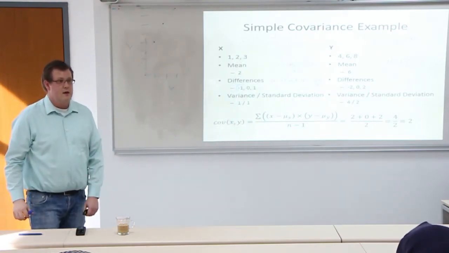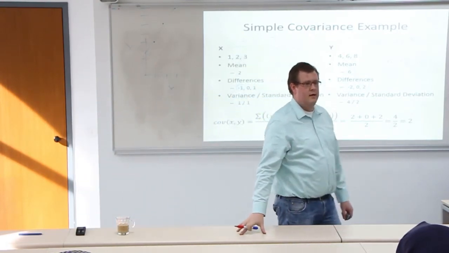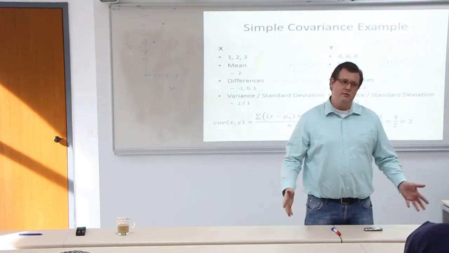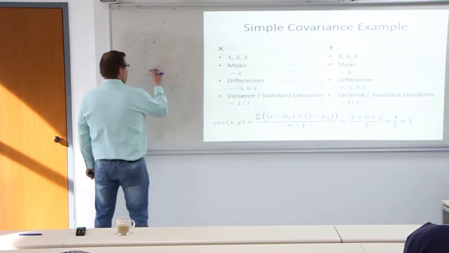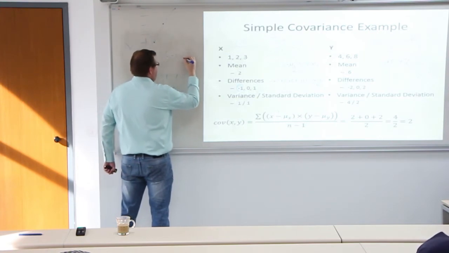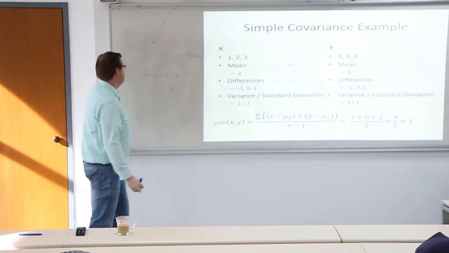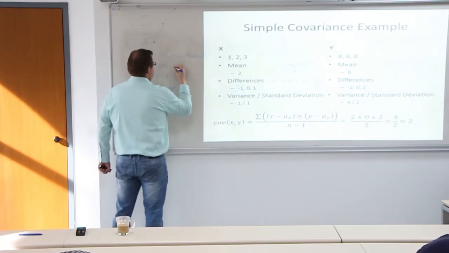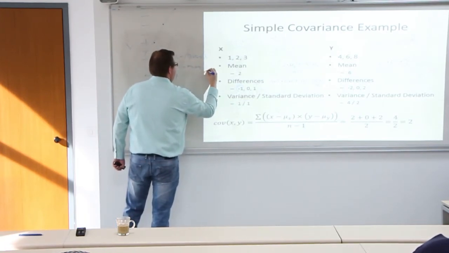Yes? What if we had 100 sample size for each group? What would we do? If you had 100 sample size for each group, then you use R, because you already know how to use R, right? You say diffs equals x minus mean x. So we could call this diffs x, and diffs y equals y minus mean y.